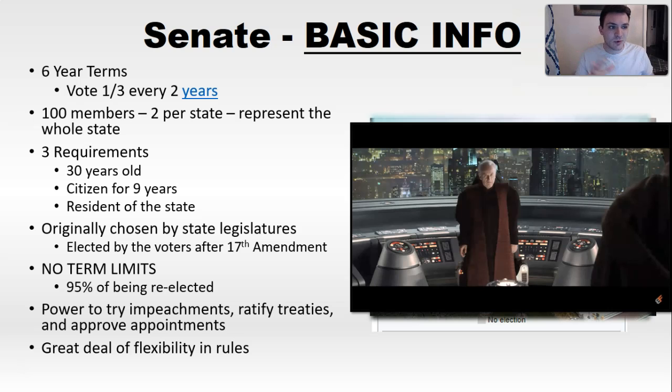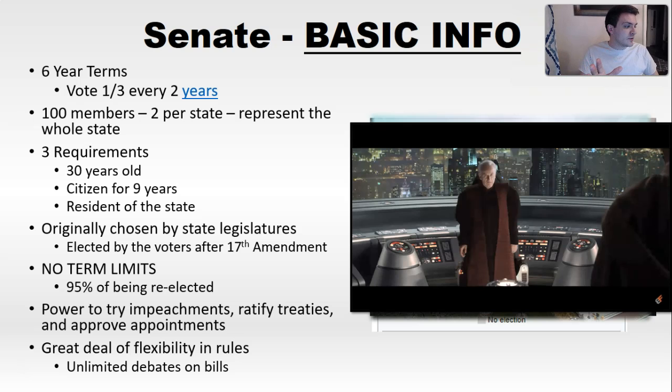Specifically what we're going to focus on later in our notes is the fact that there is unlimited debate on bills. Again, very different from the House, where the House is strictly limited in the amount of time we have to debate on bills. The Senate, remember, it's supposed to be a place of more wisdom and higher thinking. And because of that, we're going to allow for unlimited debate on bills.